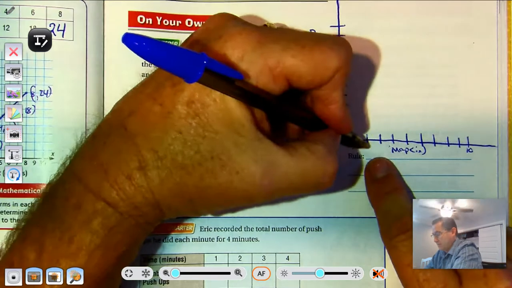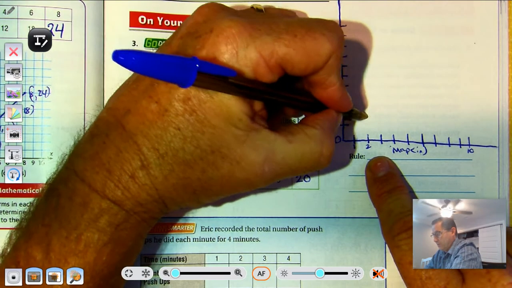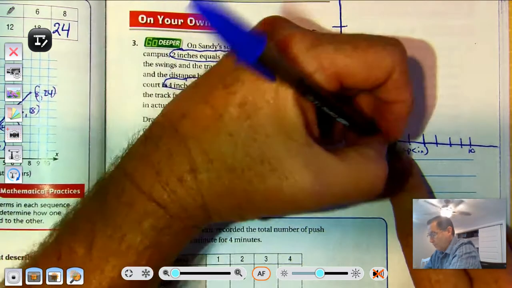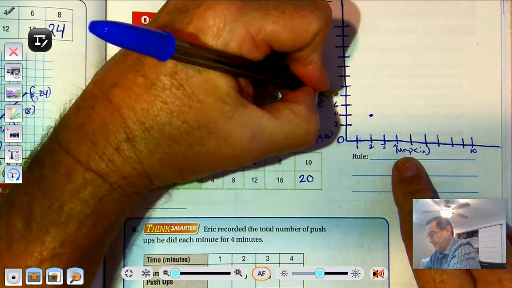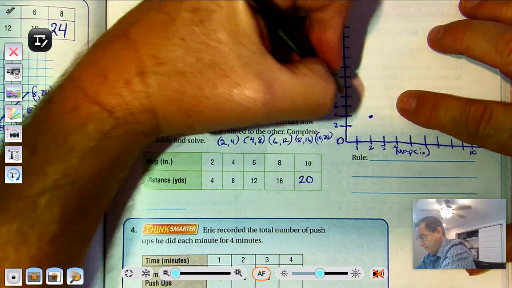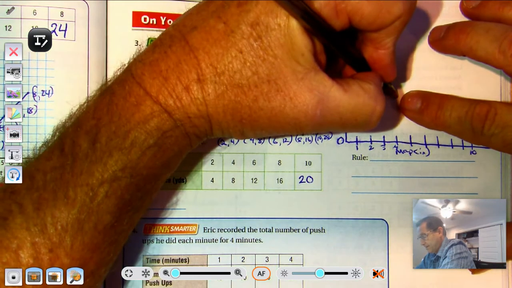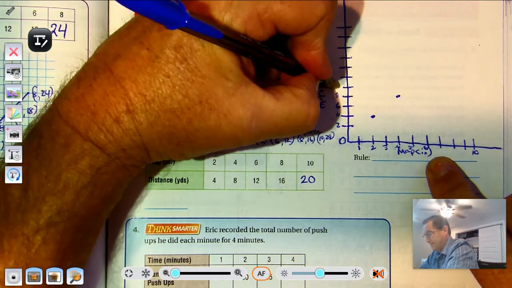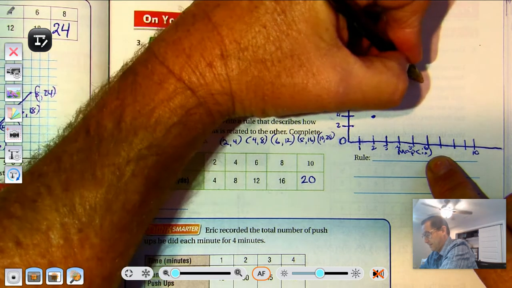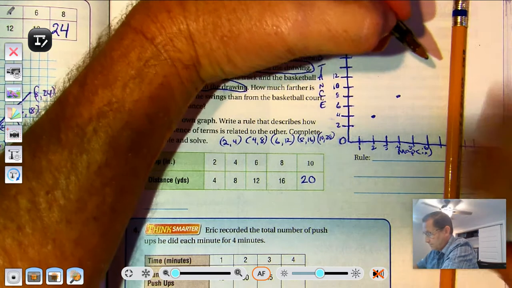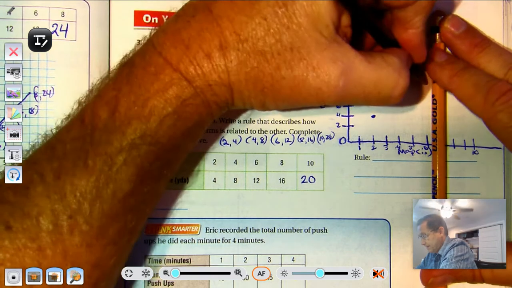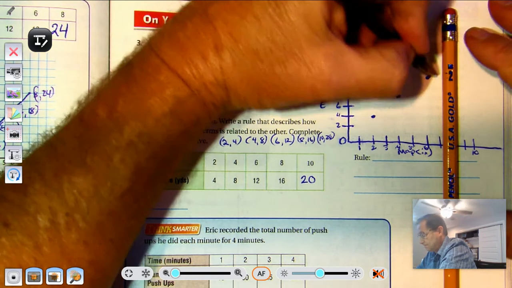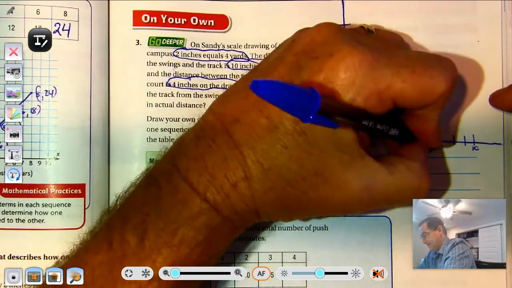All right, so 2, we go up to 4. 4, up to 8. 6, and up to 12. 8 to 16.